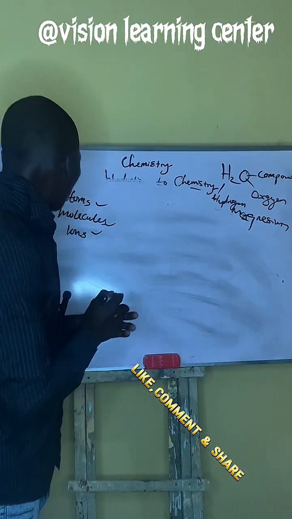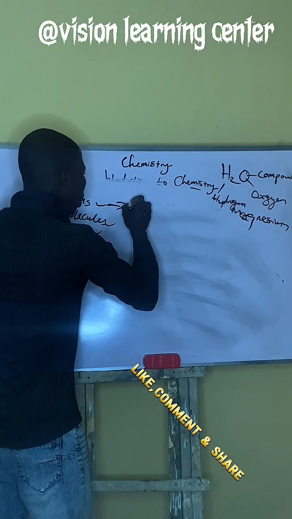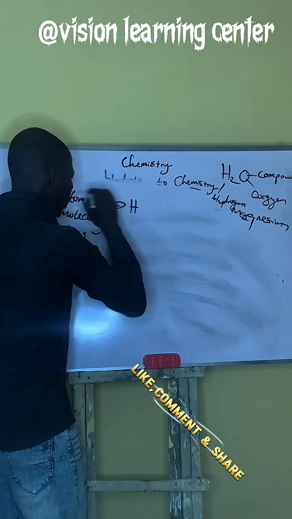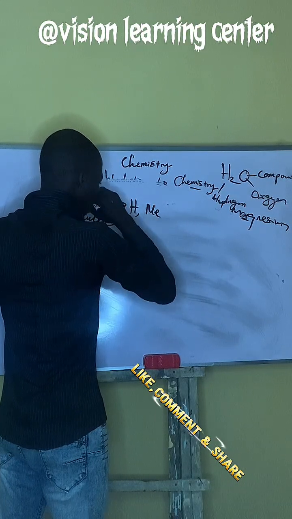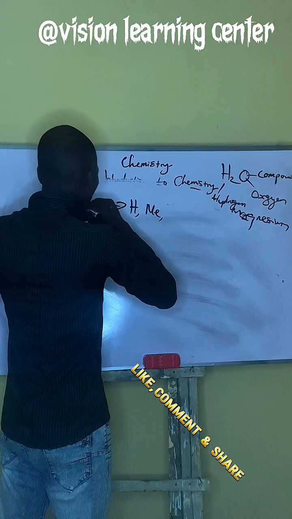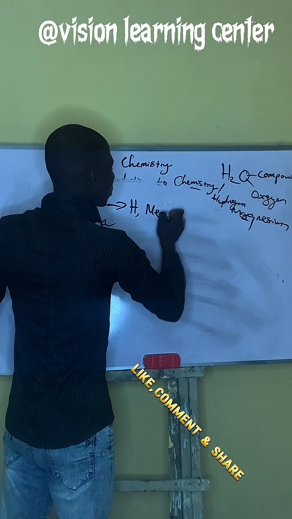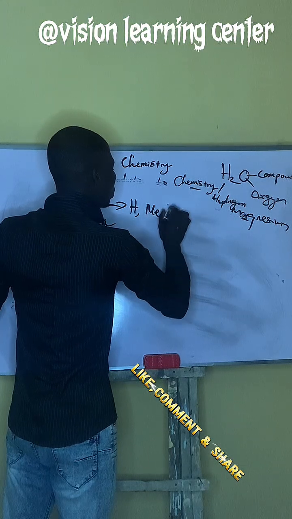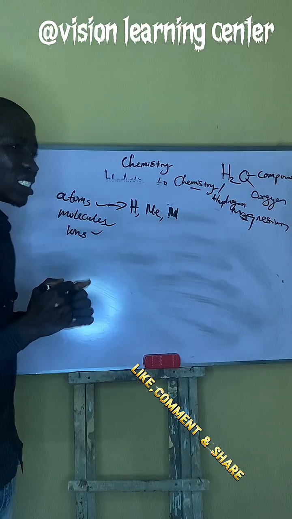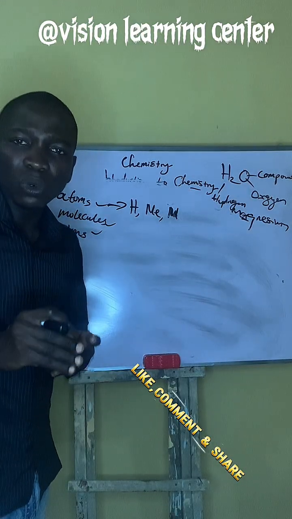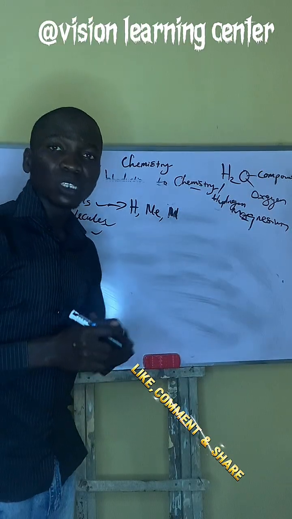Examples of atoms we have: hydrogen, neon, nitrogen, which is represented with N. They are atoms, the smallest particles that take part in chemical reaction.